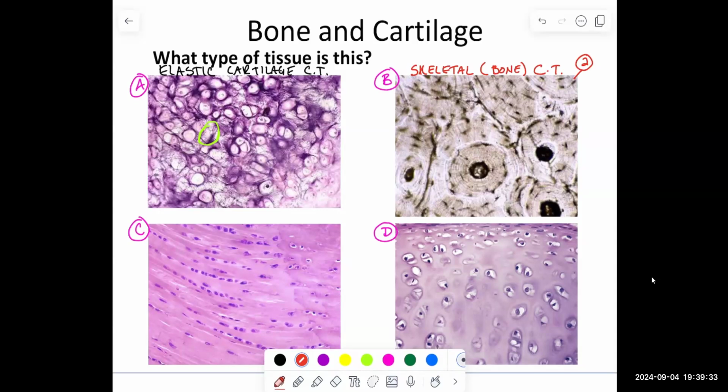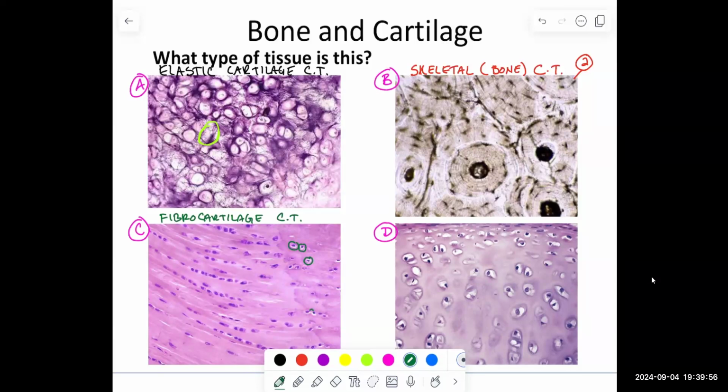Which one is C? Fibrocartilage connective tissue. You can see there's some space, which is the lacuna surrounding the cells.